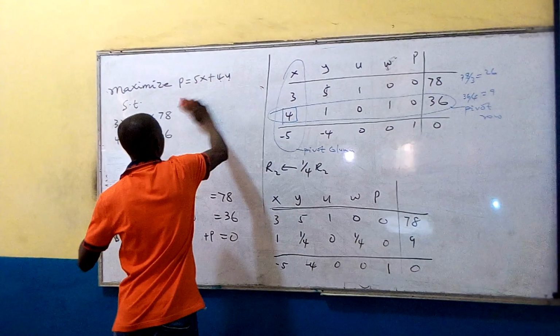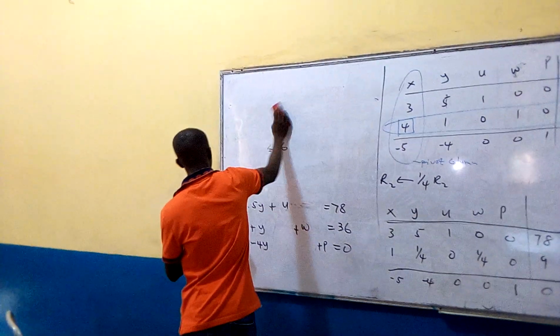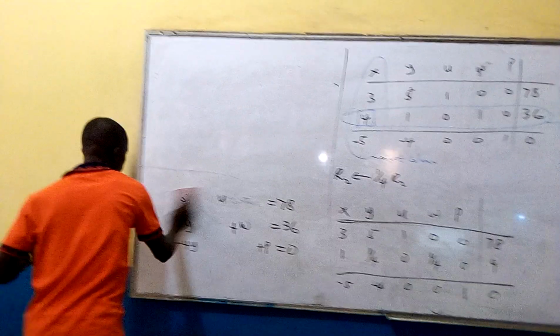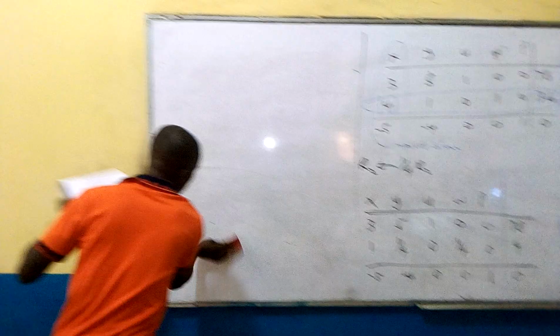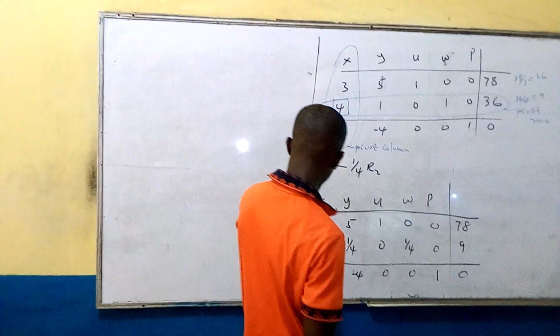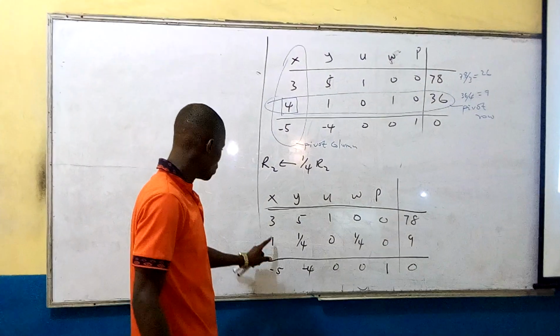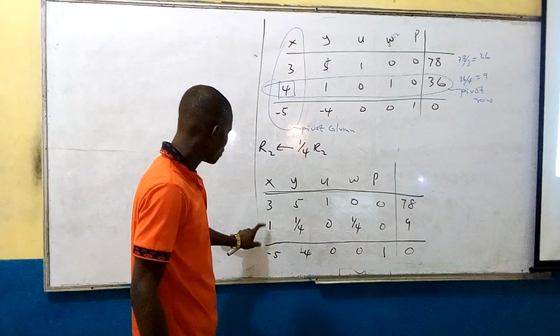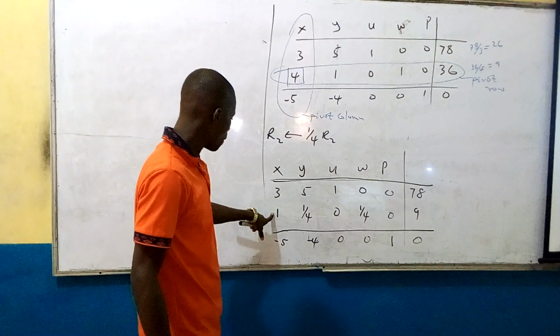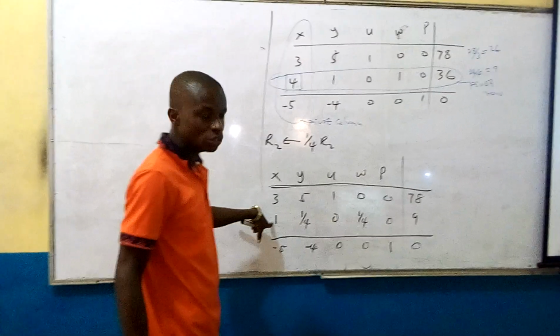Let's continue here. The next thing is we want to make sure that this column is a unit column. That means all values apart from the pivot row should be zeros.